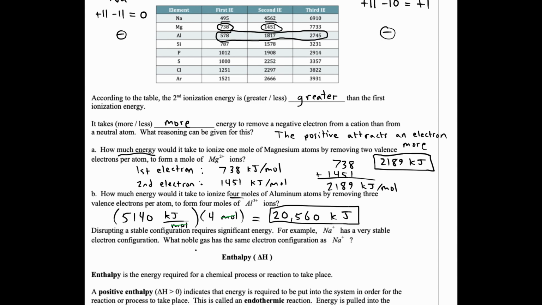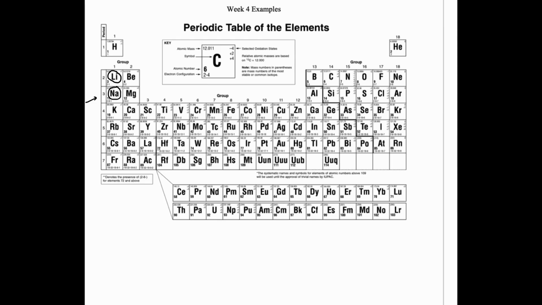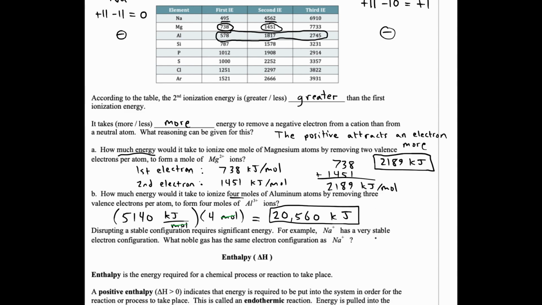We want to know what noble gas has the same electron configuration as Na+. If we go back to the periodic table, we can see that when sodium loses an electron, it will have the same configuration as the noble gas neon. So that'll be the answer to this question.